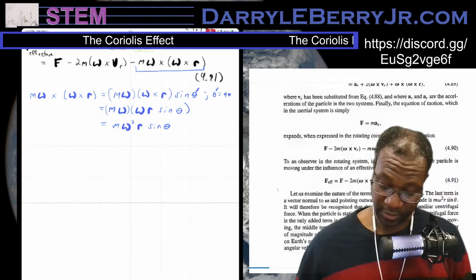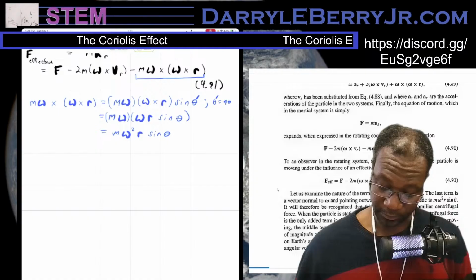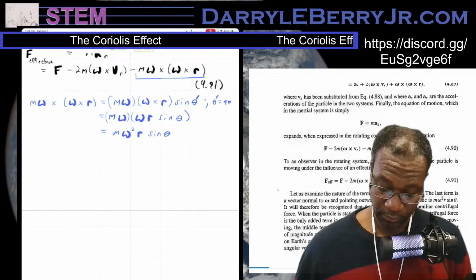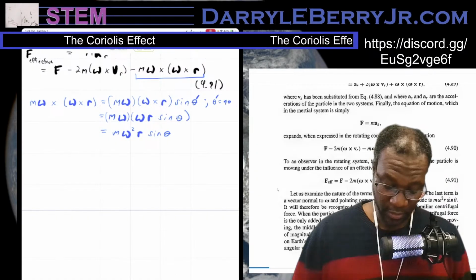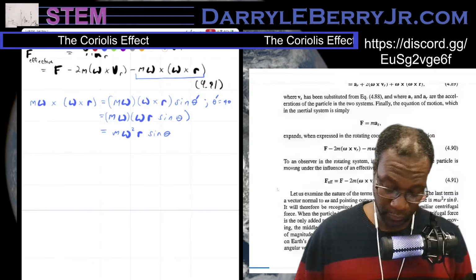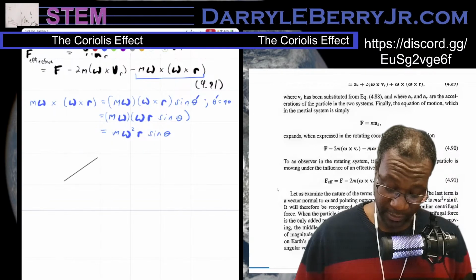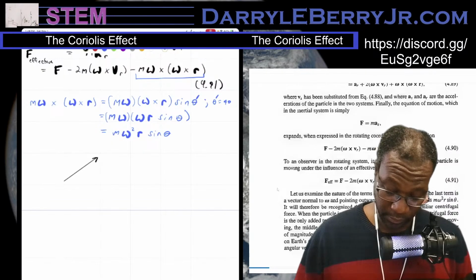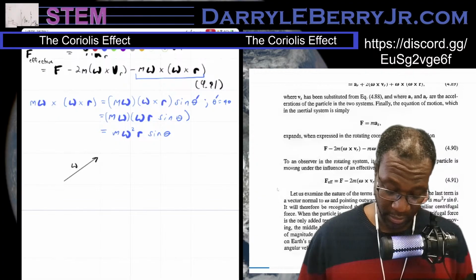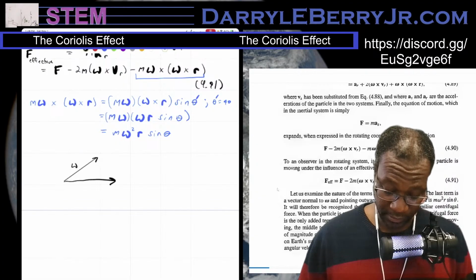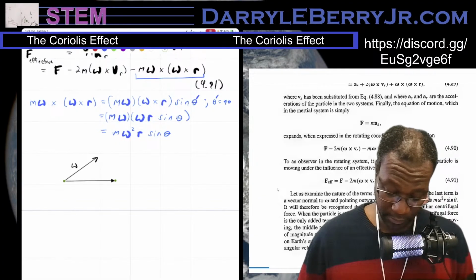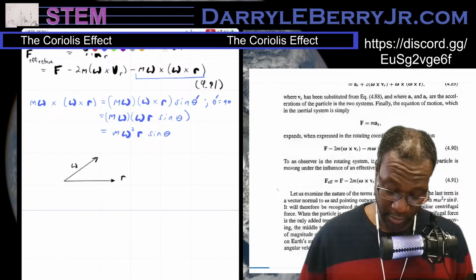Maybe I should try to draw this out geometrically. So I have a vector omega, and I have a vector r.